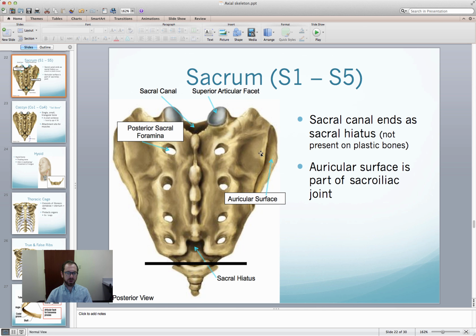And this is part of your SI joint, or your sacroiliac joint. And this is where your 2 ilia are going to articulate with the sacrum. And if you ever have a tight lower back and you've gone to a physical therapist and they told you you have an SI joint issue, this is what they're referring to, that sacroiliac joint.